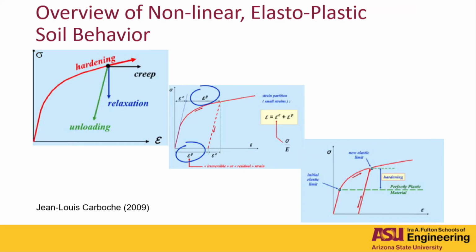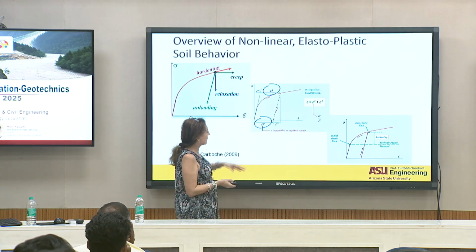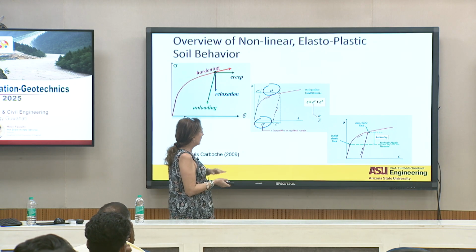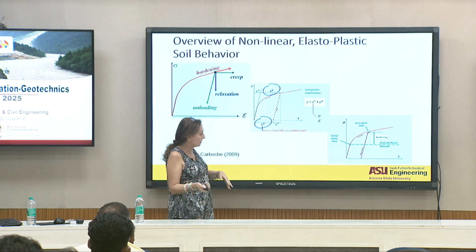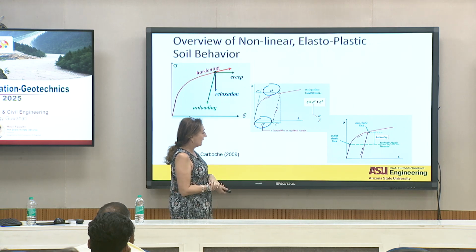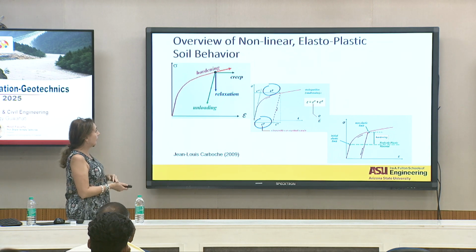It has to be whether you include only the elastic side of it, or you include the elastic plastic behavior of the soil, right? Some of them are going to require loading and unloading. So how much of this strain is reversible, how much is not reversible, and so forth. So there are many models available for doing that.